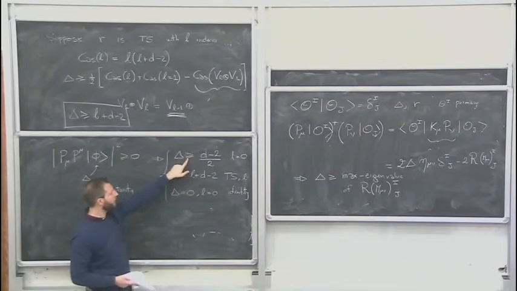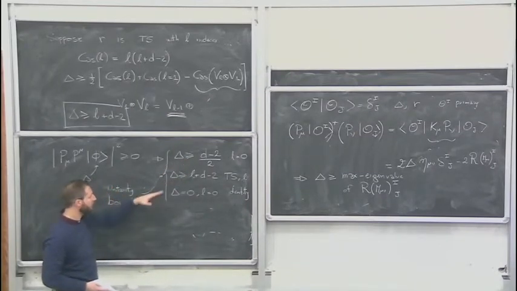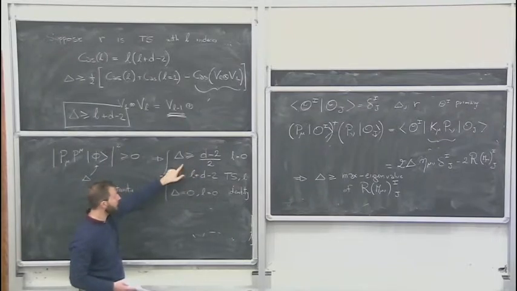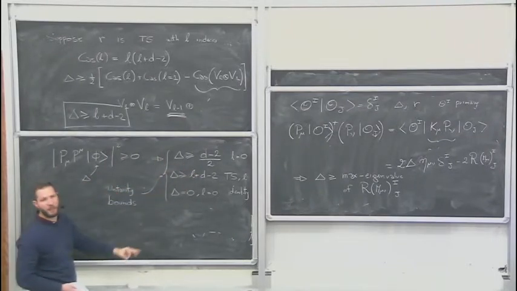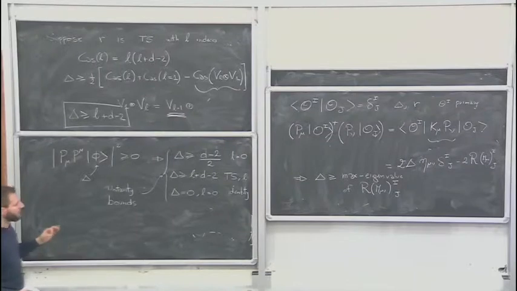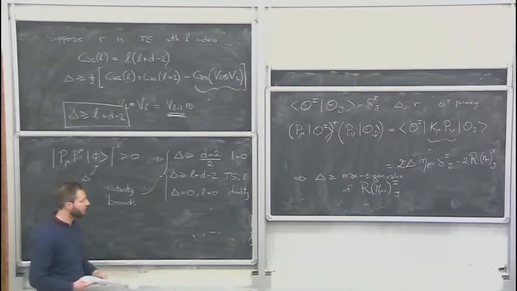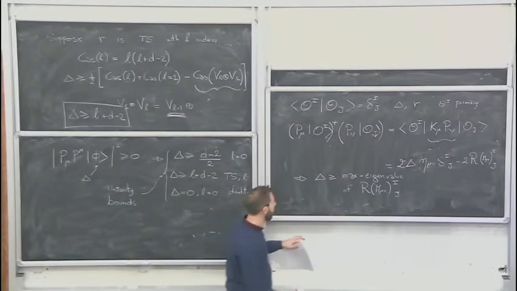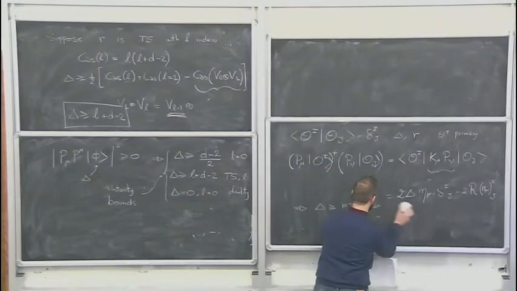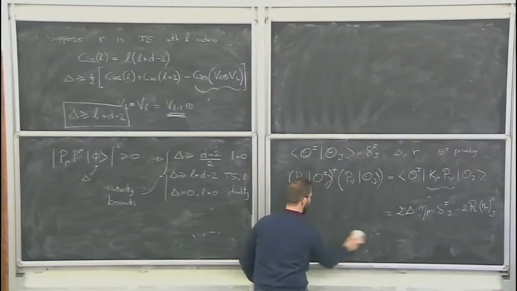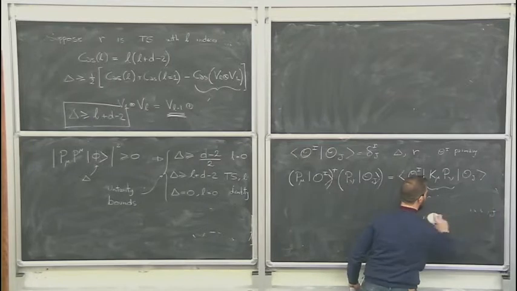When one of these inequalities is saturated, then one of the descendants has exactly zero norm. What does this mean? Let's see an example.